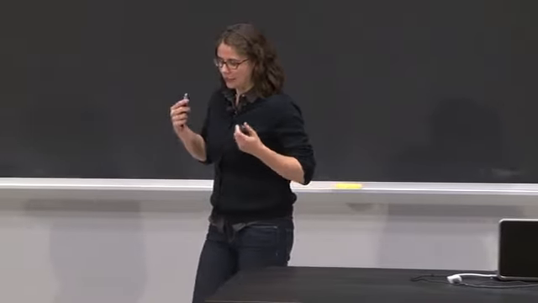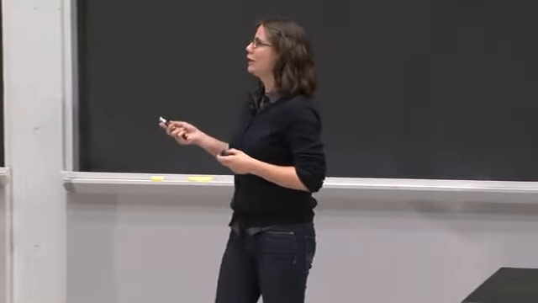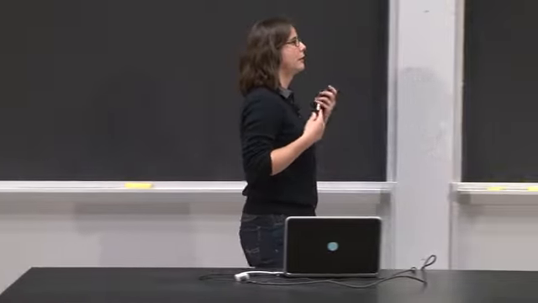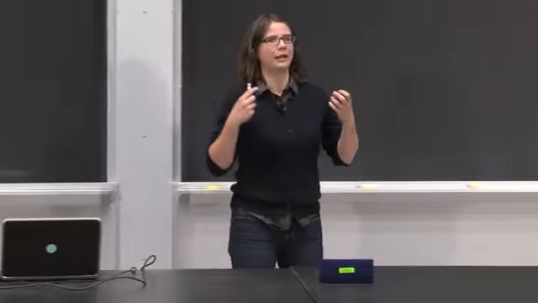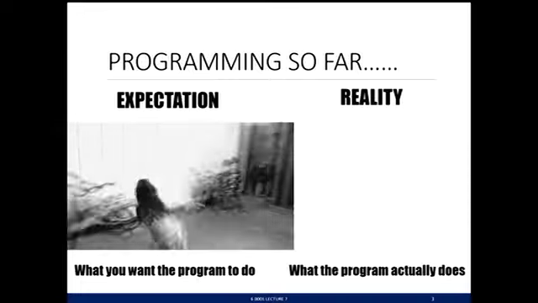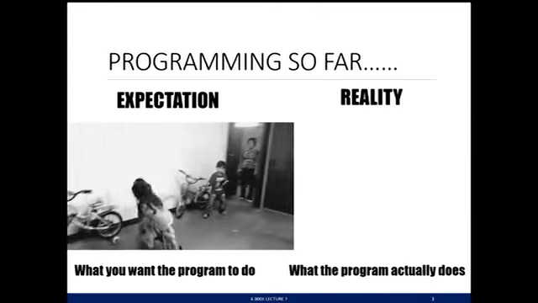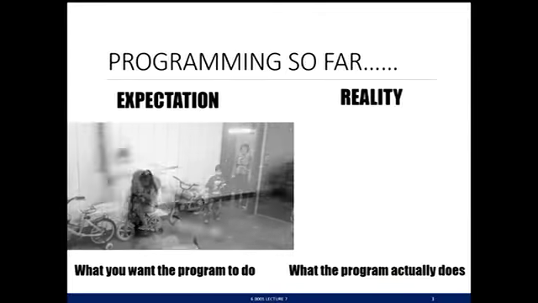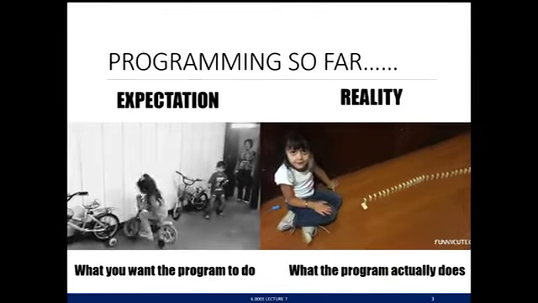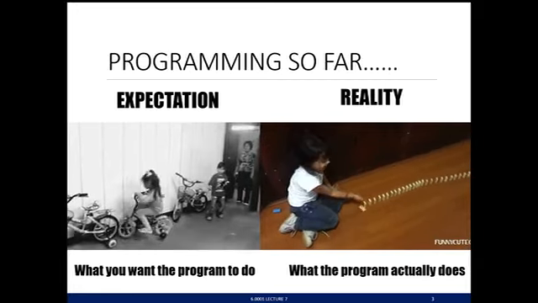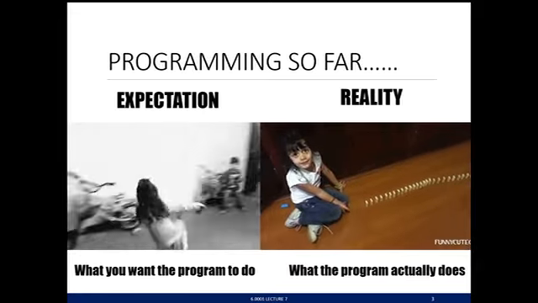Okay, so let's talk a little bit about programming so far in 6.01 or 600. So you expect really that you write a program, you maybe do a little debugging, and you run the program and it's perfect, right? You just nailed it. But in reality, you write this really complex piece of code and you go to run it and it crashes, right?